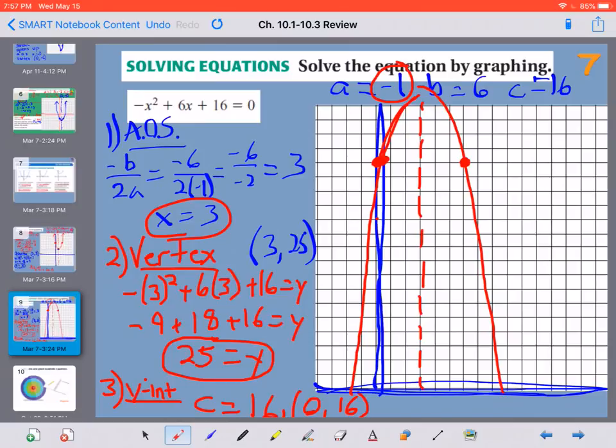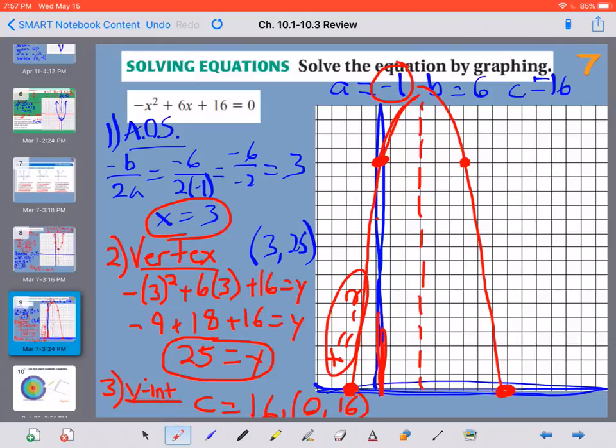So our solutions are going to be our x-intercepts, so here and here. Now it may not be exact, but I'm just going to look at my closest numbers. It looks like if this is my y-axis, this is going to be x equals negative 2 because it's 2 away.